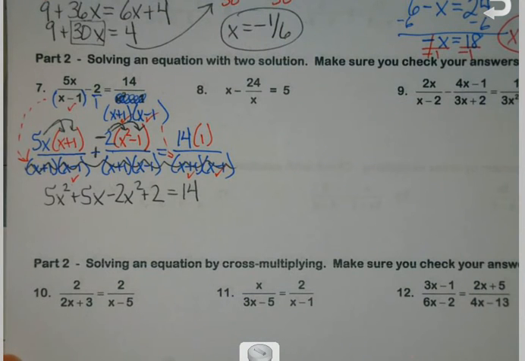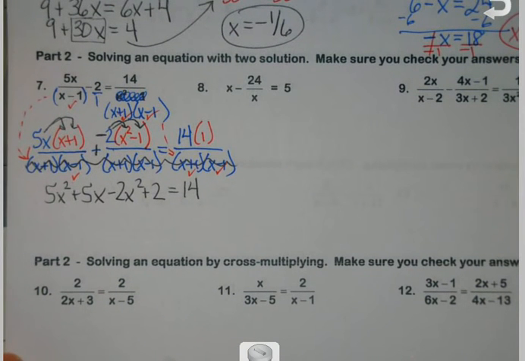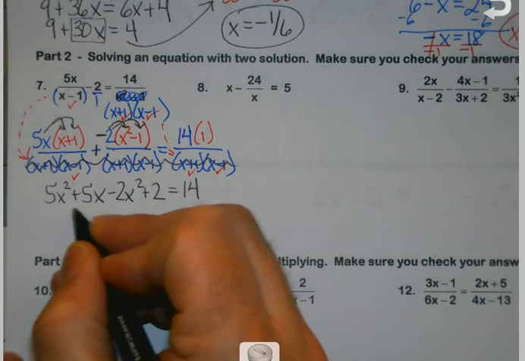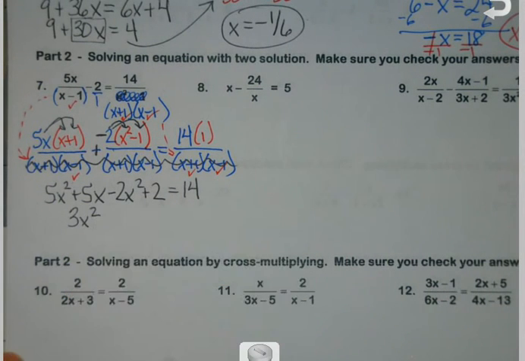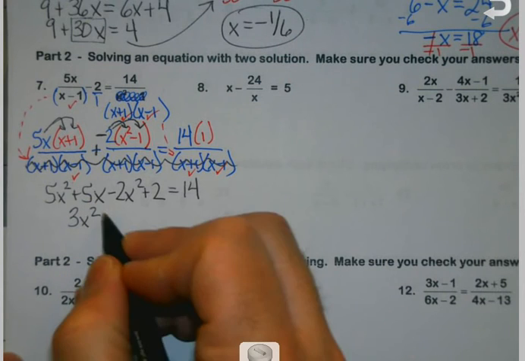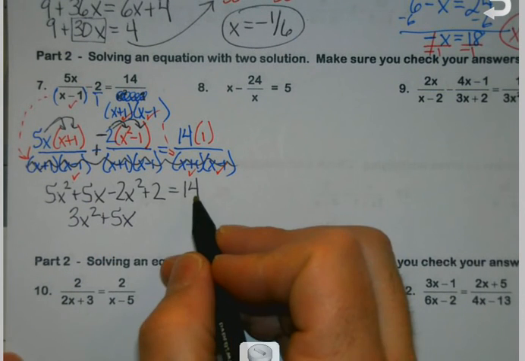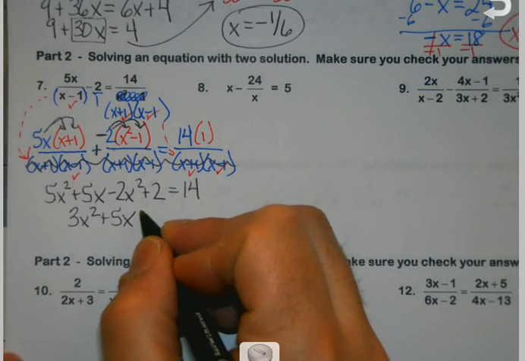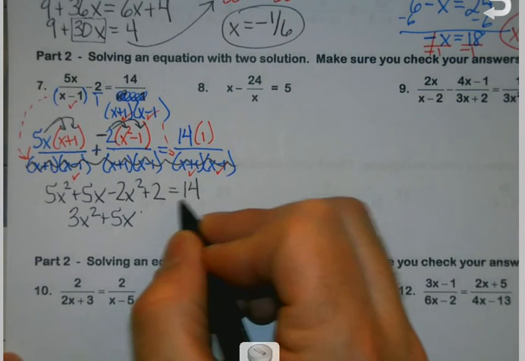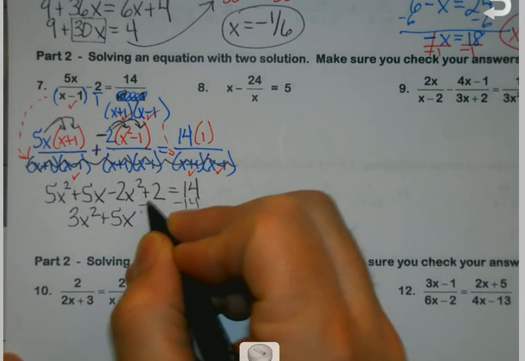And just like we had before up top, combine like terms and get everything on the x squared side. So 5x squared minus 2x squared is 3x squared. I only have one x term, this 5x. And then, okay. Well, let's go ahead and do everything.